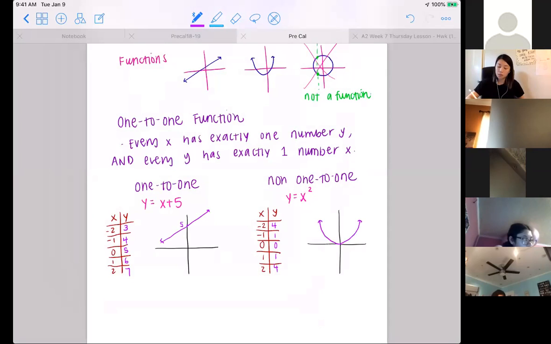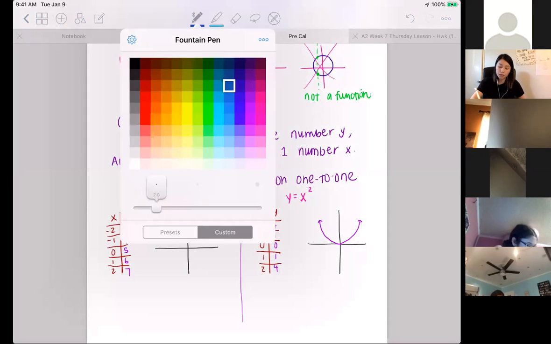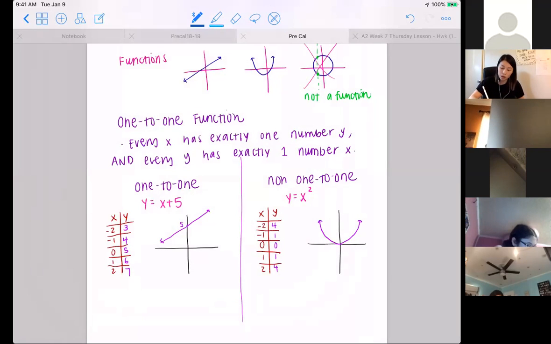The reason why the one on the left is a one-to-one function is that if you keep going with all of these numbers, none of them are going to repeat. No repeats, even if you try out different numbers. But on the right side, you notice that we have numbers that are repeated right here. So that's why it's not a one-to-one function.